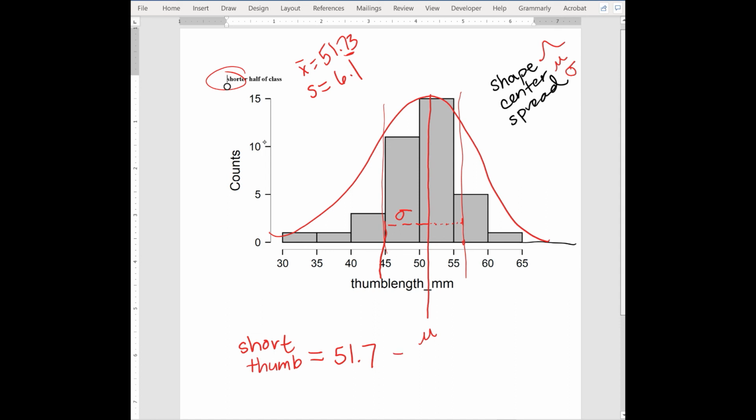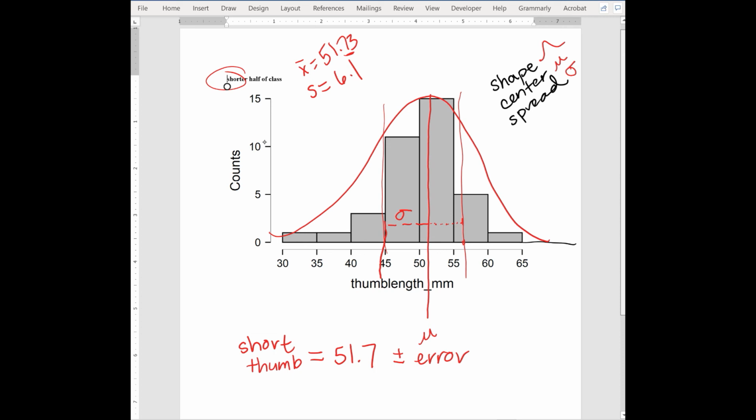And then we also want to account for the fact that there's always going to be some error involved. So we have the short people's thumb lengths. My model is, I think short people's thumbs are probably centered around 51.7. But I also acknowledge that obviously not everybody's thumb length is going to be that length.